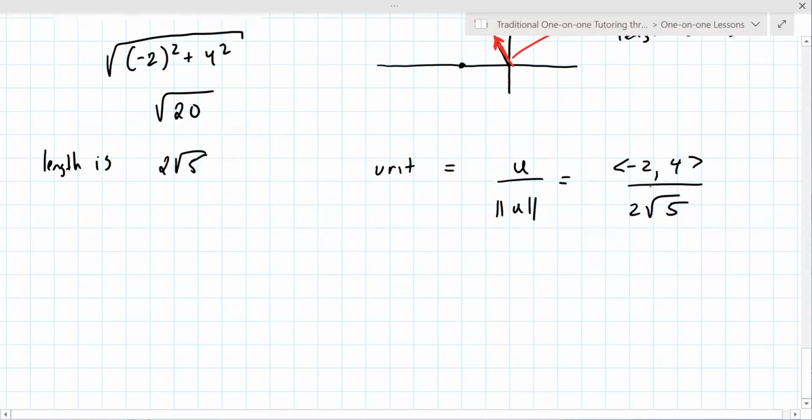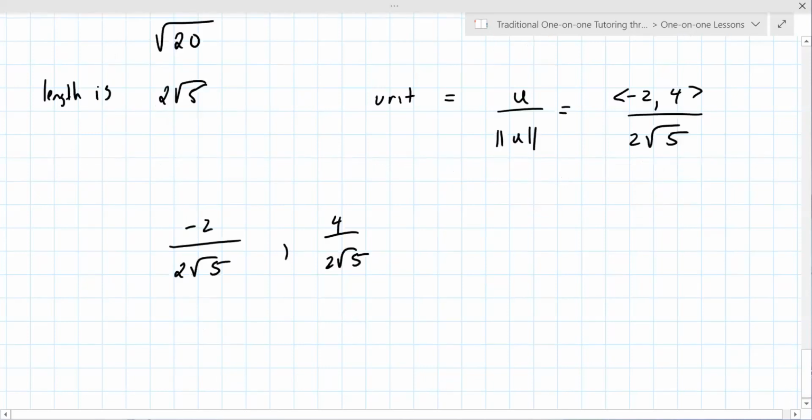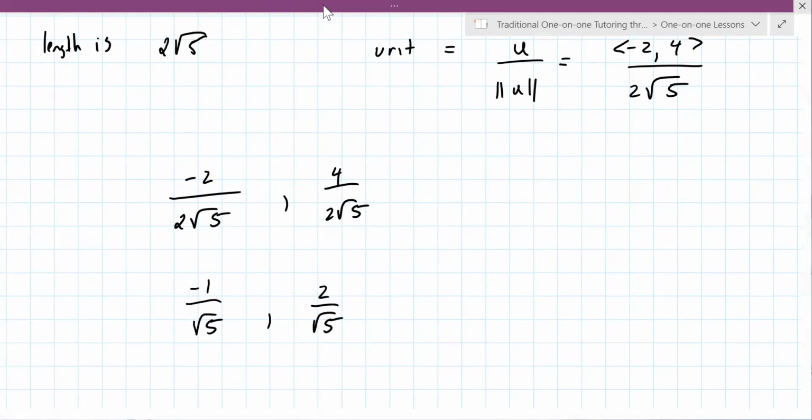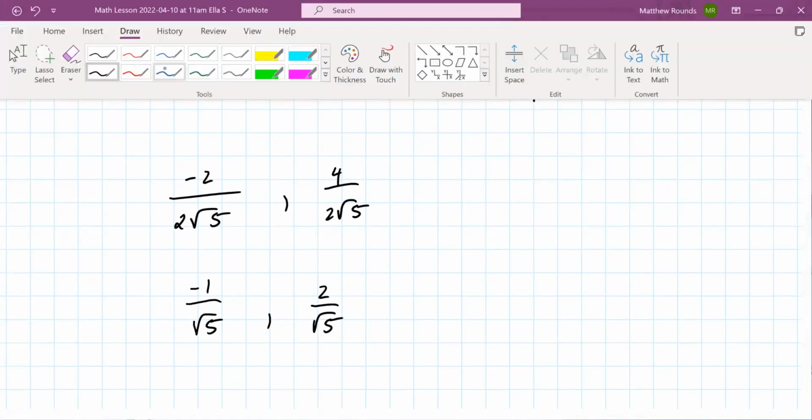So you actually divide each of these by that. So it's minus 2 over 2 root 5 comma 4 over 2 root 5. Because they both cancel with the 2's, I would probably do that first. And then you need to rationalize the top and bottom by multiplying by the square root of 5 here.